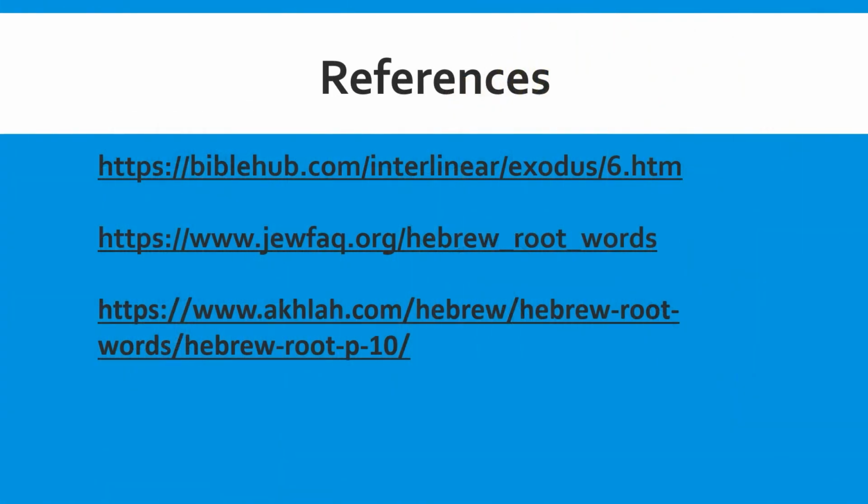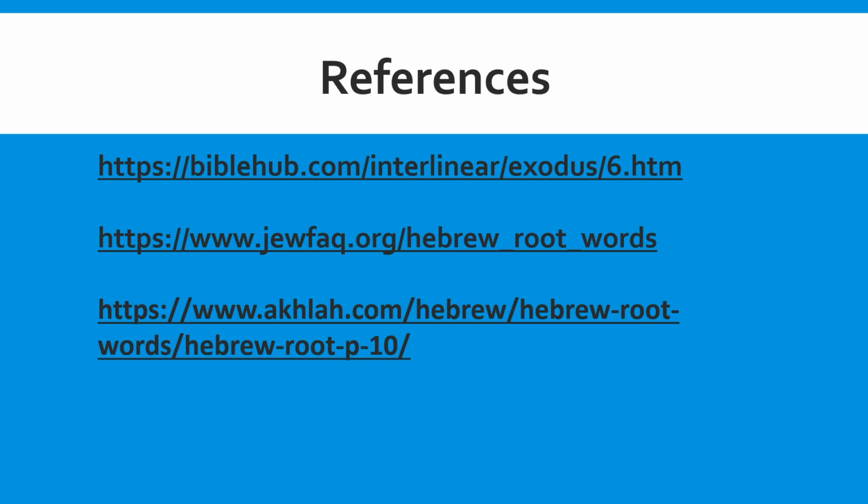So I just wanted to post at the very end some references here. I'll give you a few minutes if you want to write down these references. The first one has the Bible written in Hebrew, and you can look up any root words there. It has the Strong's Concordance, which is really nice. The next website, the jewfact.org, has some information about Hebrew root words.